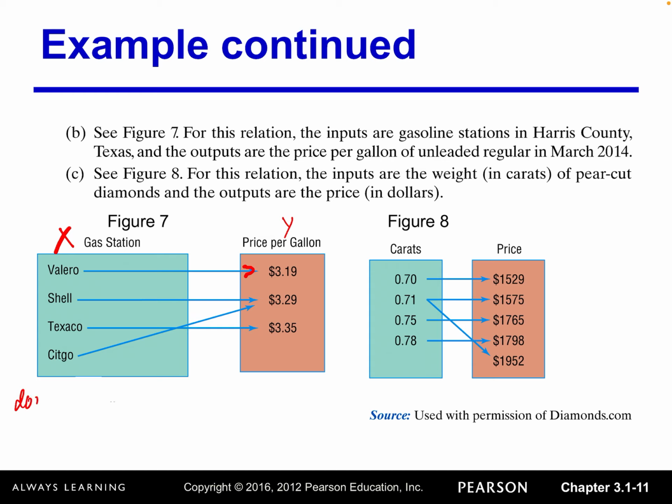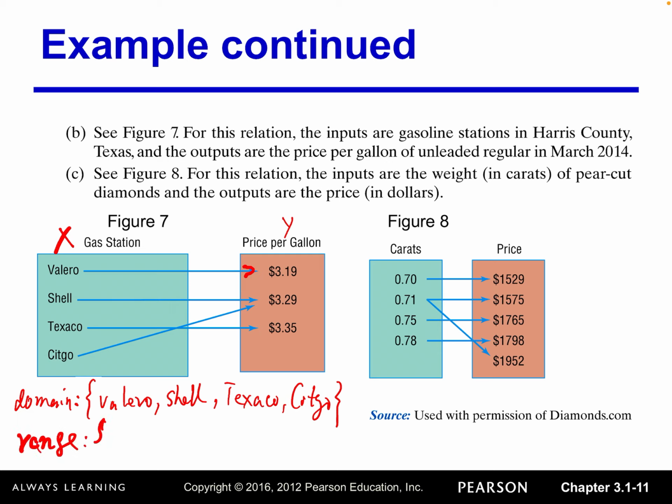The domain of B are the elements in x, that's all the gas stations. And the range is all the gasoline prices.